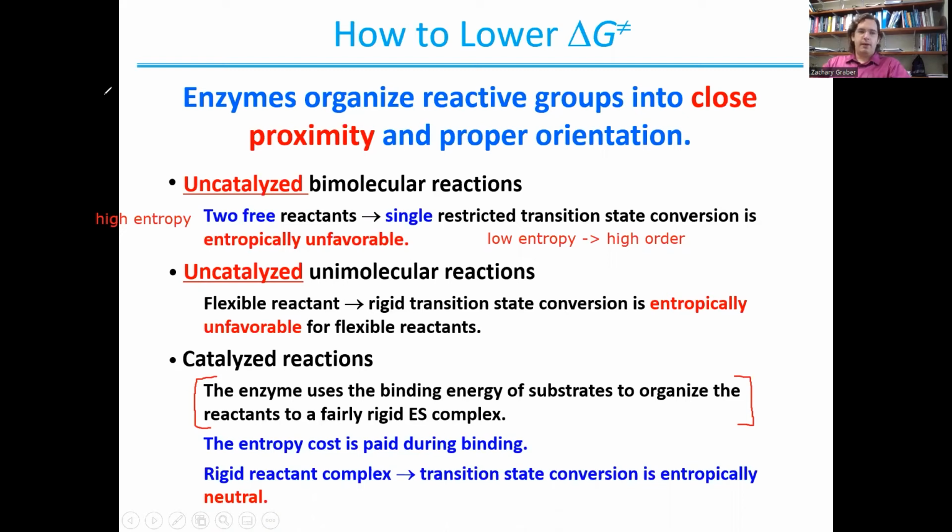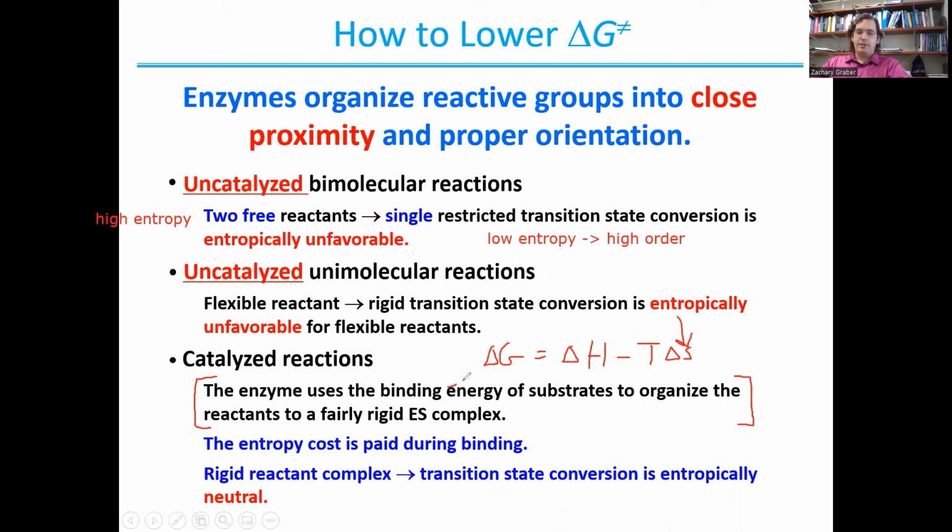So again, as always, our delta G is equal to delta H minus T delta S. So of course, our bringing those reactants into proper orientation is entropically unfavorable. That's our delta S term over here.